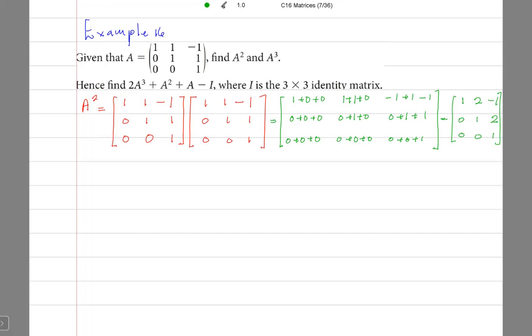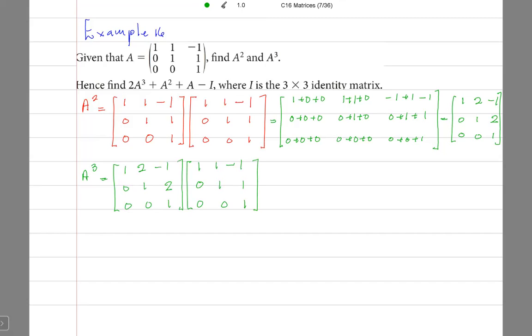Now A cube, I'm guessing, is A squared multiplied by A. So A cube will be A squared, 1, 2, minus 1, 0, 1, 2, 0, 0, 1, multiplied by A, which is 1, 1, minus 1, 0, 1, 1, 0, 0, 1.